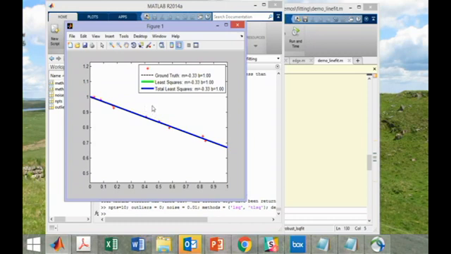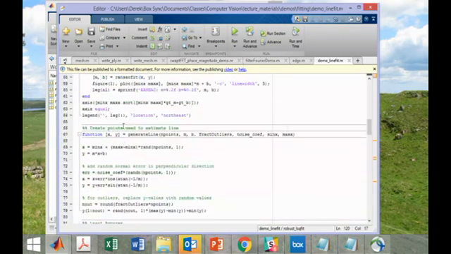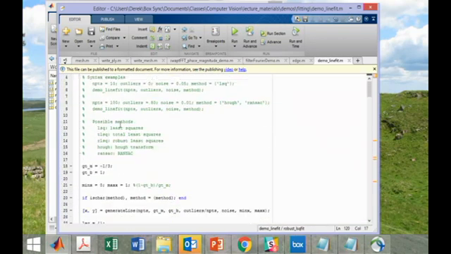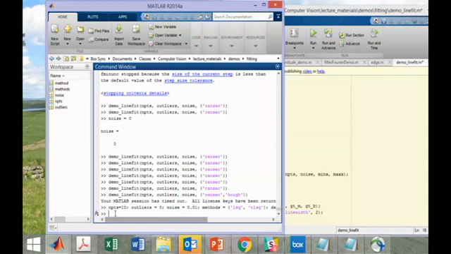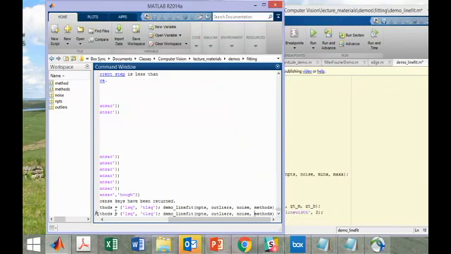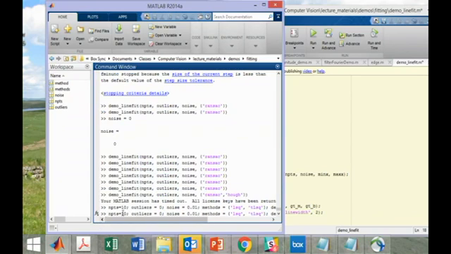Now we can see what happens as we increase the noise. Also, I'm going to change the slope here to -2. Okay, so let's do 50 points, and we'll do 5 times the noise.